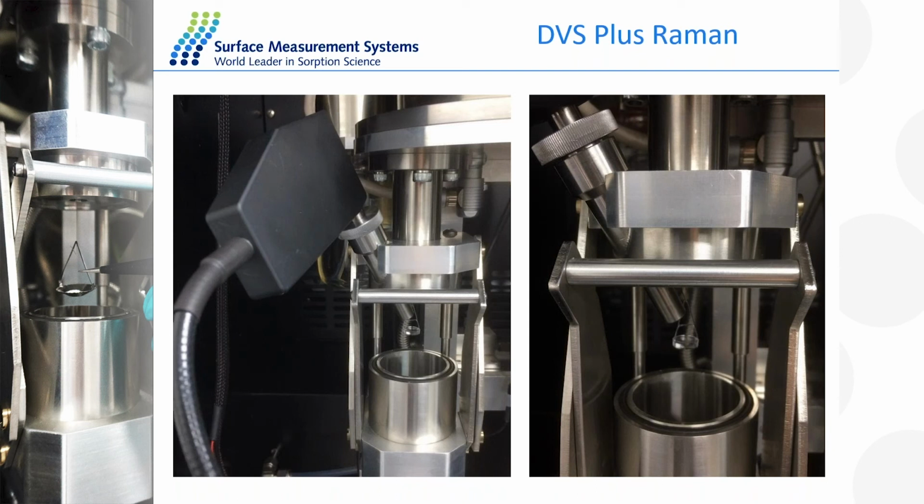So what we do basically is collect the DVS data, wait for the sample to reach equilibrium, and then the software automatically triggers the collection of a Raman spectrum at the end of the stage. Very simple, but it allows us also to follow potential transitions or potential changes in the structure of the surface or the bulk of the sample.